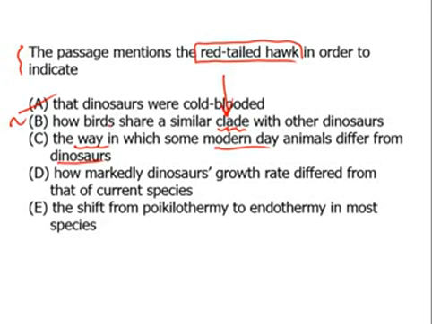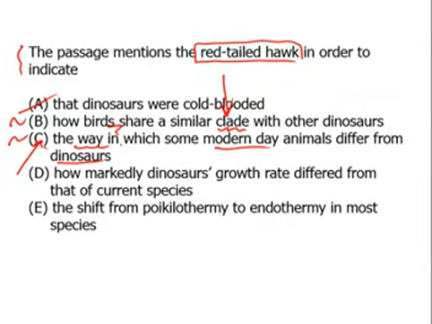The way is a little bit general. Now, you may not be 100% sold on this being a wrong answer, and that's fine. Leave it there. The thing is, when you find an answer that matches the answer that you came up with after reading the passage much better, then you can circle that with confidence. What you don't want to do is sit here on C and start convincing yourself that it is right.